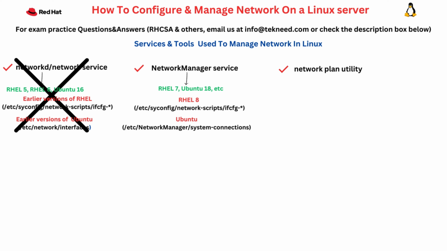Red Hat 8 fully switched into using the Network Manager service, and the network configuration file for this service still remained in the same location, which is /etc/sysconfig/network-scripts, whilst Ubuntu also still maintained the Network Manager service configuration file in /etc/NetworkManager/system-connections. And another utility was also introduced to manage the network for Ubuntu, which is called the Netplan utility.